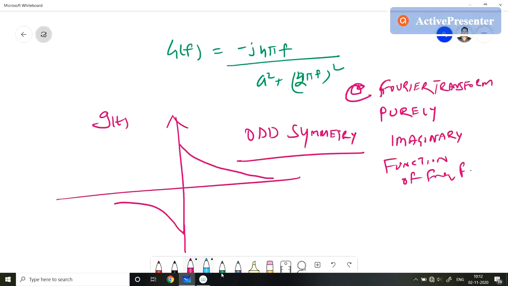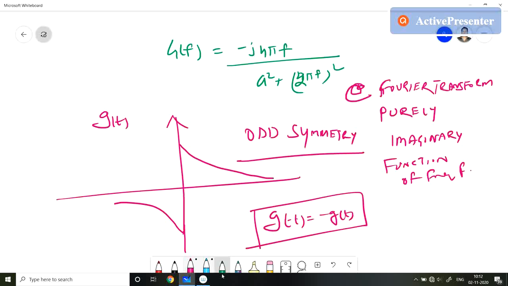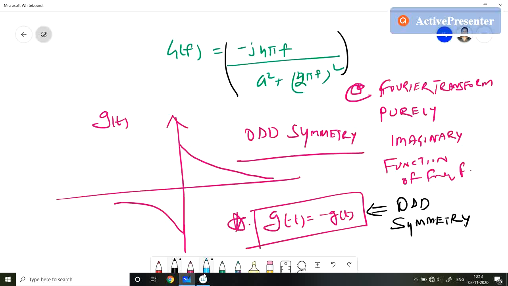It is odd because g minus t is equal to minus gt. So the Fourier transform of this is purely imaginary and odd.